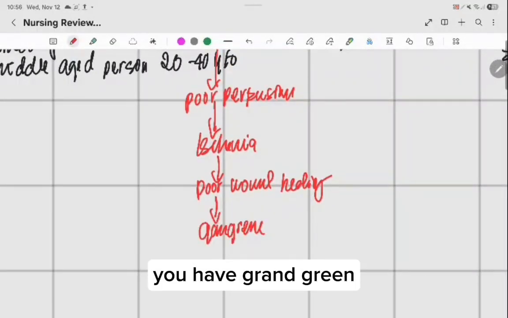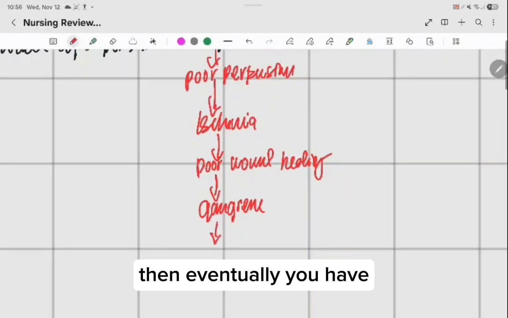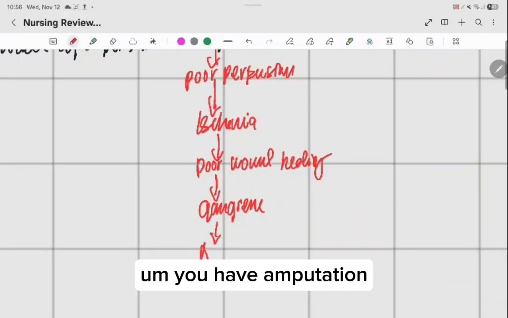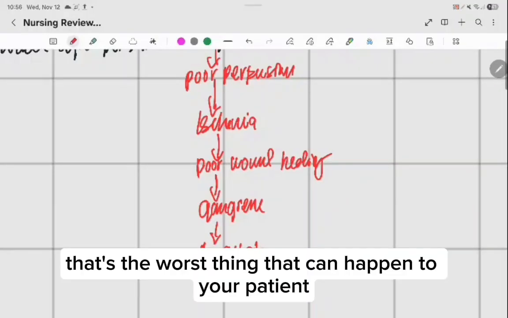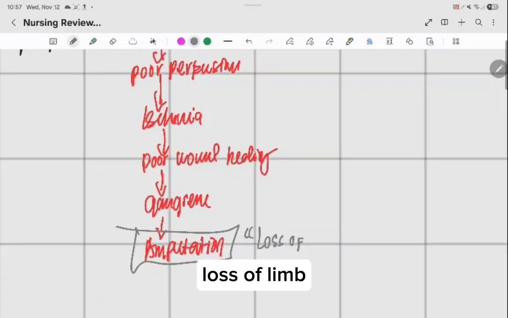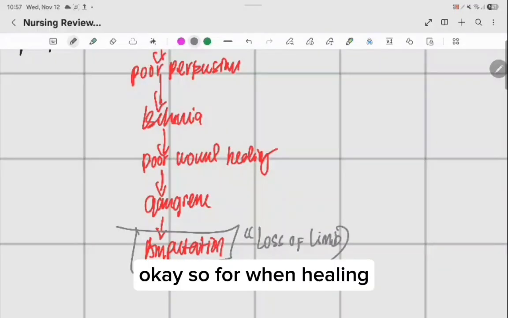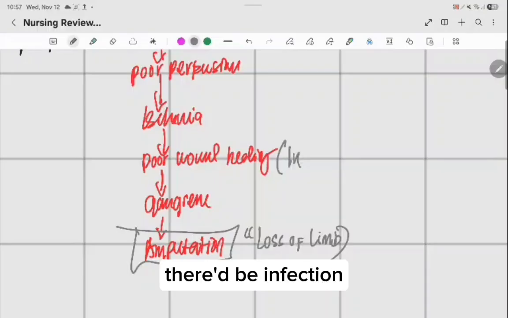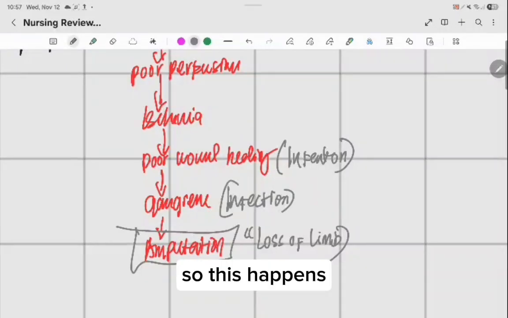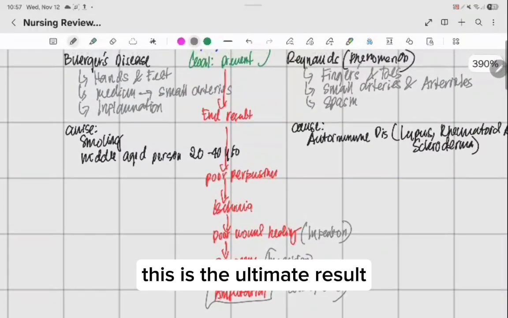Eventually you have amputation. That's the worst thing that can happen to your patient, what we call loss of limb. For the wound healing, there would be infection. So this is the ultimate result.